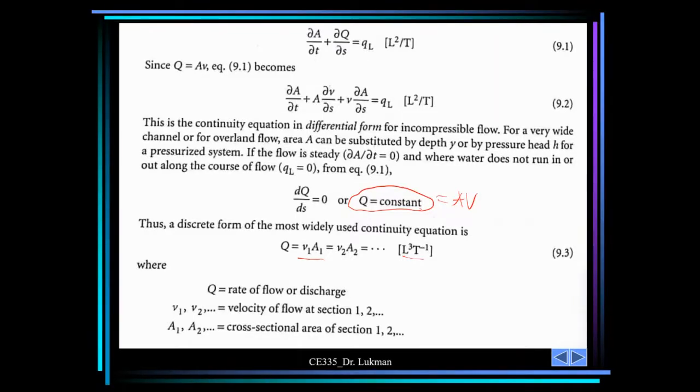It means some sections, as you may have practical flows, you may have the section reducing or enlarging, in which case the cross-sectional area increases or decreases. Then the velocity has to adjust in order to maintain the same discharge. Okay, let's take some simple instances.